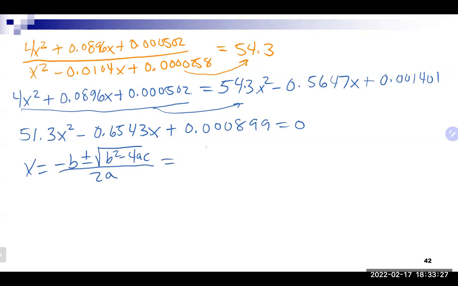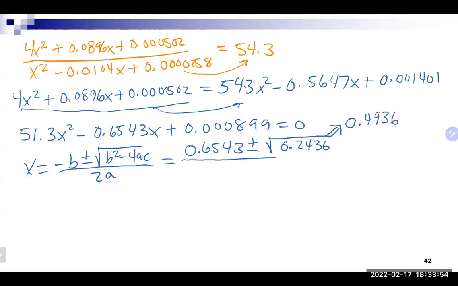Putting in our numbers here, that will essentially give us 0.6543 plus or minus the square root. If you clean up everything inside the square root, you end up with a number like 0.2436, which then needs to be square rooted to a number of 0.4936.